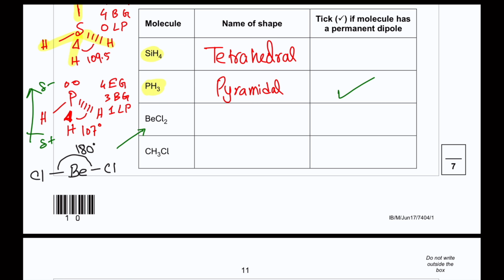Even though there is a difference in electronegativity in the individual bonds, and they are polar, there is a tug of war between the two chlorines on the two sides, which would cancel out the total molecule's dipole. There will not be any permanent dipole, considering that the beryllium is partially positive and it's equally partially negative on both sides, which would cancel out the overall permanent dipole. So the molecule will be linear. There will not be any permanent dipole.